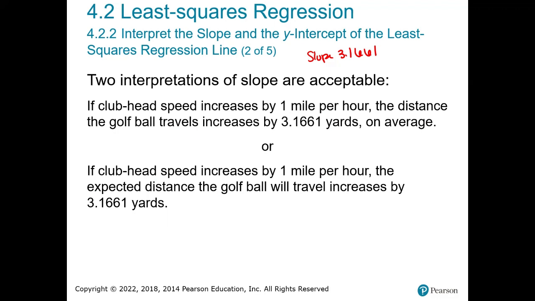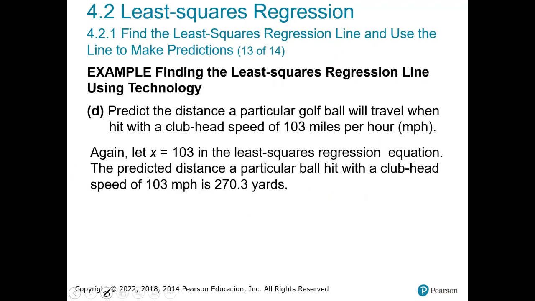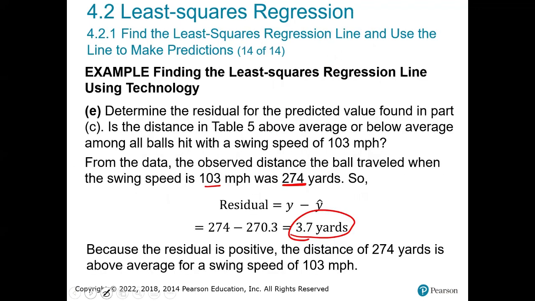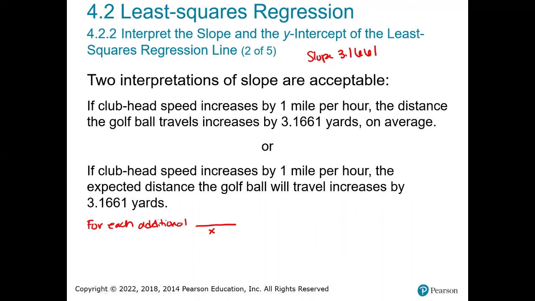I'm going to try to make this a little bit easier for you. For each additional, fill in the blank what happens with x. Well, x was miles per hour. So for each additional mile per hour in speed, what happens to the y, which is distance?